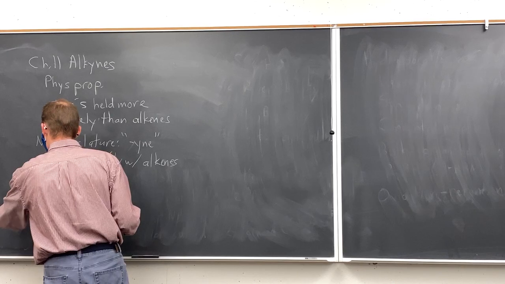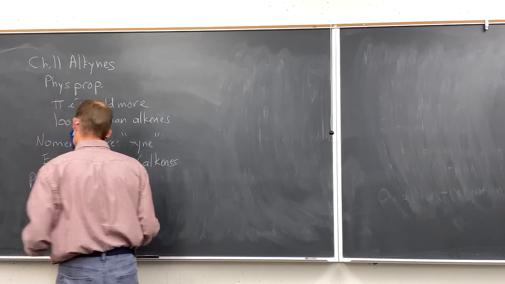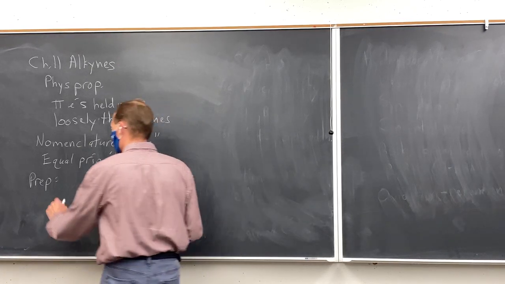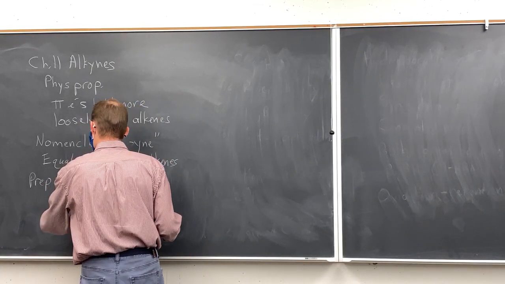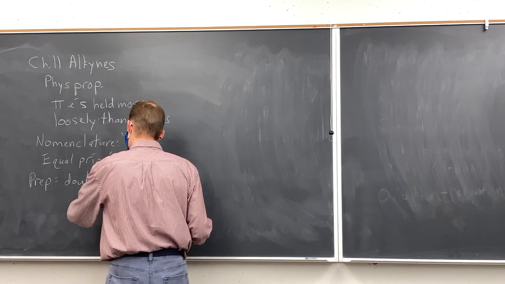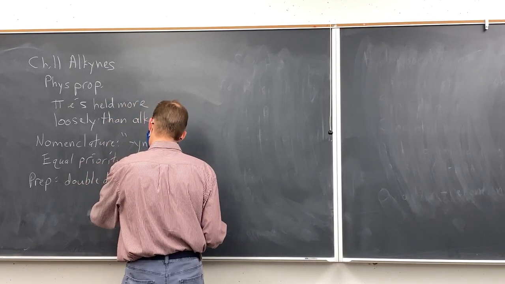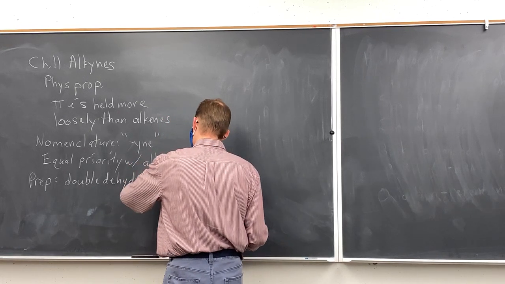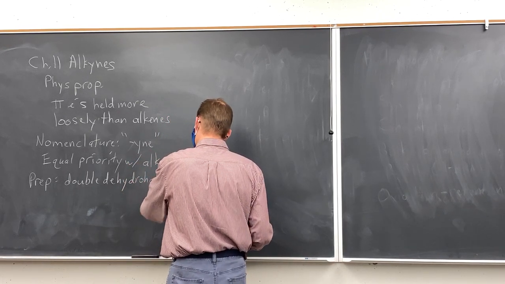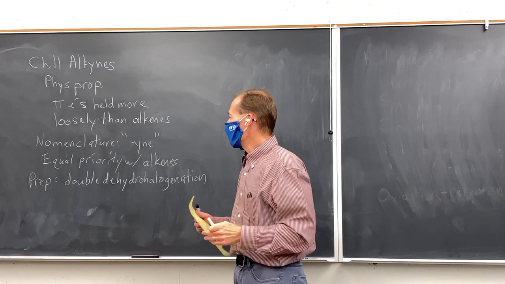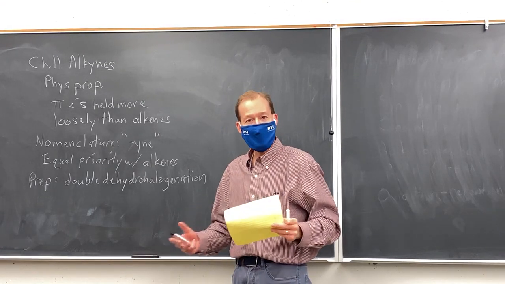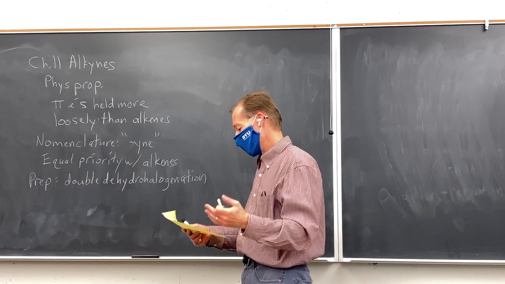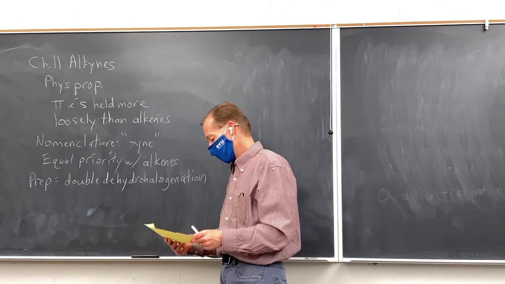The preparation of alkynes is something that we learned previously back in chapter 8. We have to perform a double dehydrohalogenation. So this is 2 consecutive E2 reactions. It requires a vicinal dihalide or a geminal dihalide.